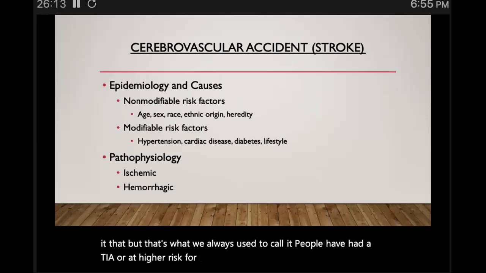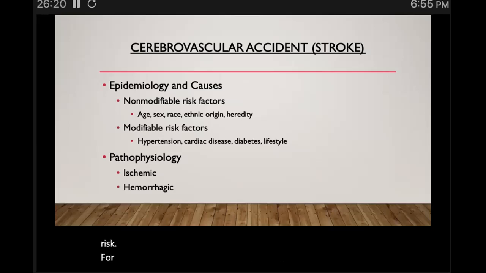So keep in mind, whether you have a TIA or just a full-blown stroke, you are at high risk for having another one within the near future. So keep that in mind.